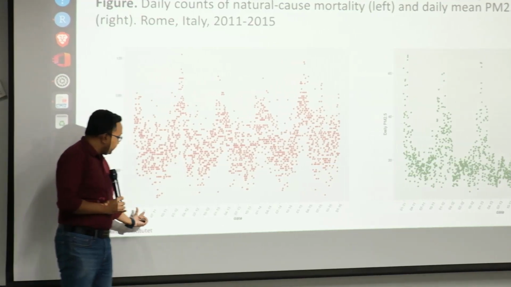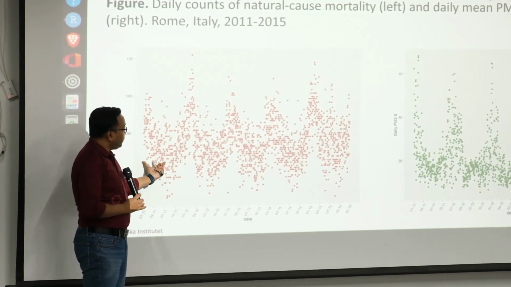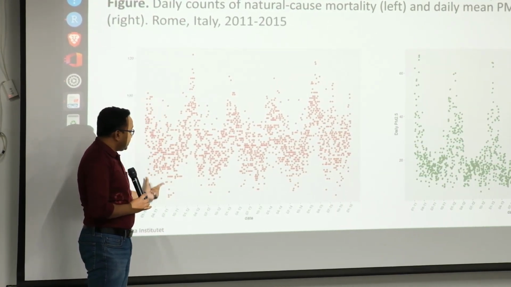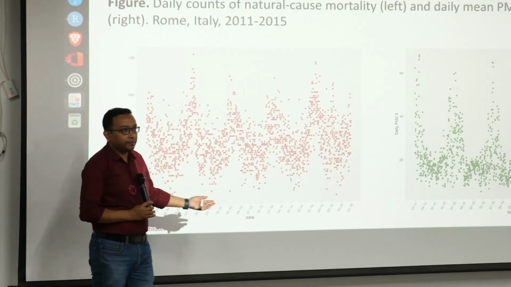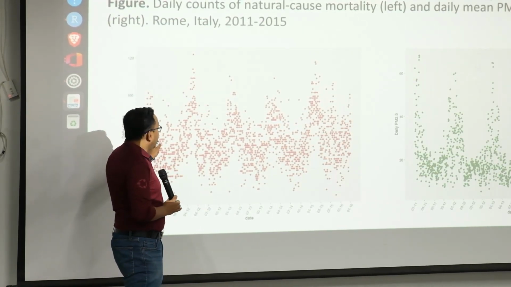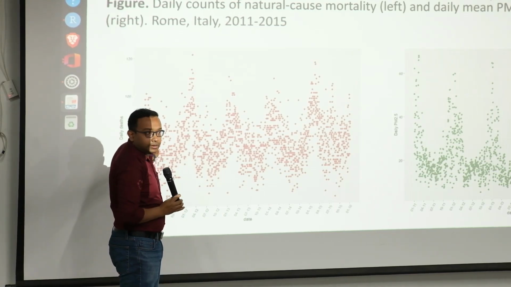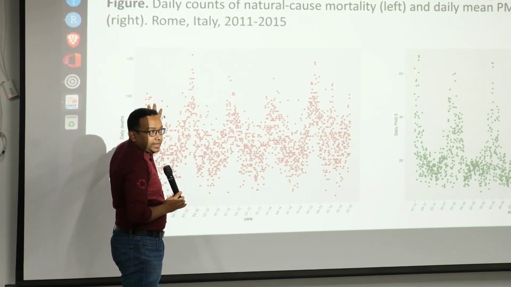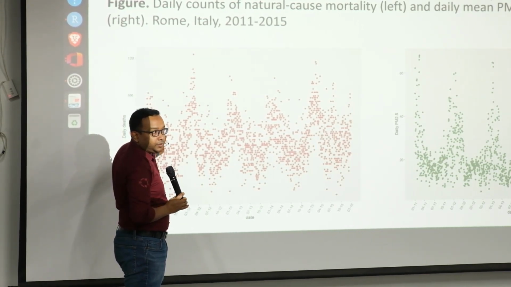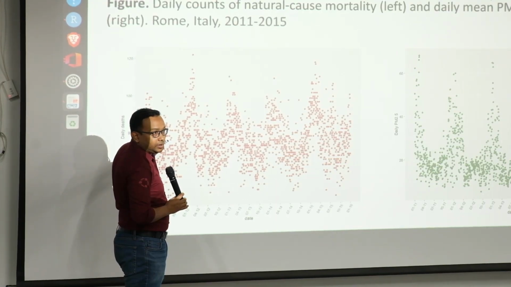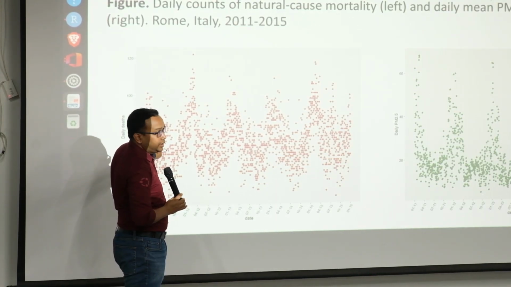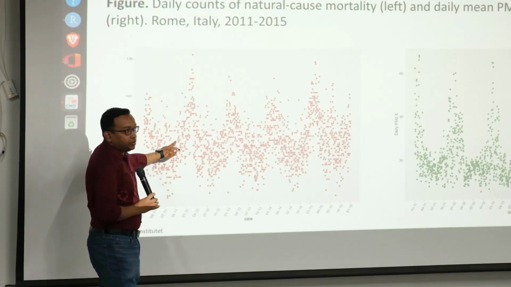So here you have days, right? If I collapse this by month, for example, you will have one dot for a month. Does that make sense? If I take all the days that belong to one specific month and I summarize it, or take the average number of deaths, you will get one point. And I can do this for every month.